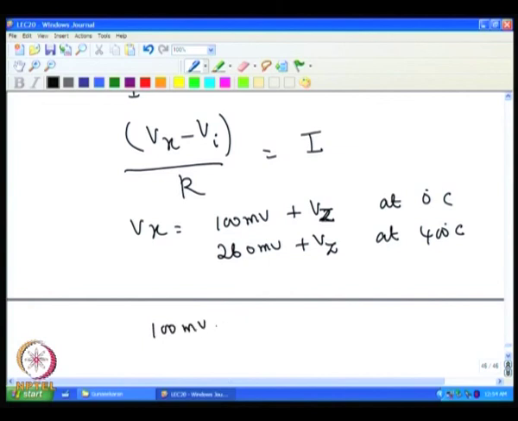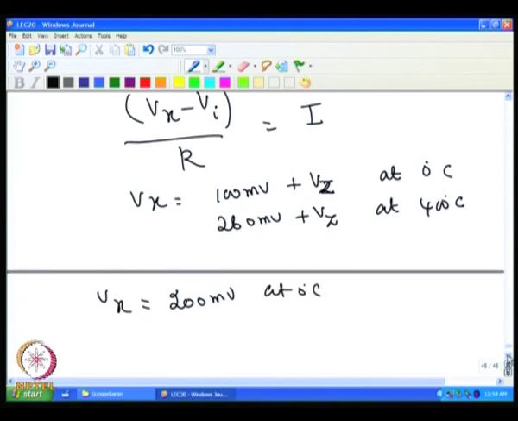Then we get Vx equal to 200 millivolt at 0 degree C, and Vx equal to 360 millivolt at 400 degree C.